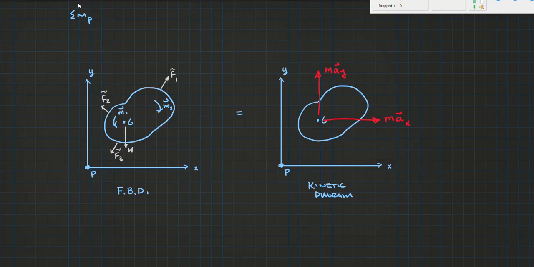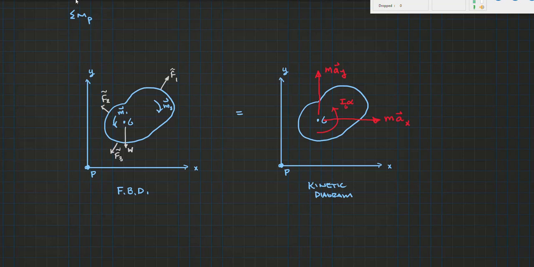And we'll have another inertial term over here in our kinetic diagram, represented by I alpha. And this would be I about the center of mass, alpha.